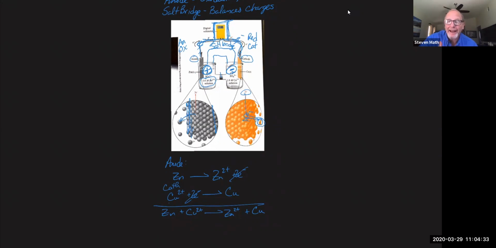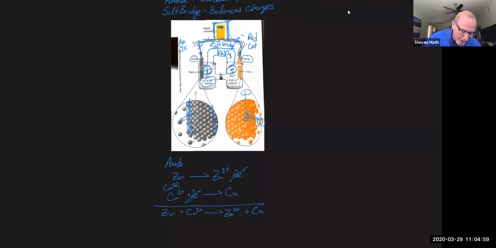In that agar gelatin, we've placed ions, usually something that's nice, soluble, cheap. Potassium nitrate works great. Because it's in gel, those ions are free to migrate. They can move. If we just did this as a solution, they'd all just plop out and that would be useless. But they're in a gelatin, and so the ions can move.